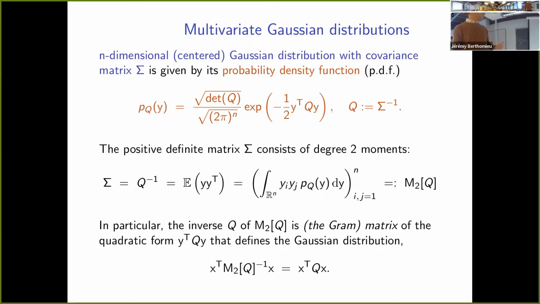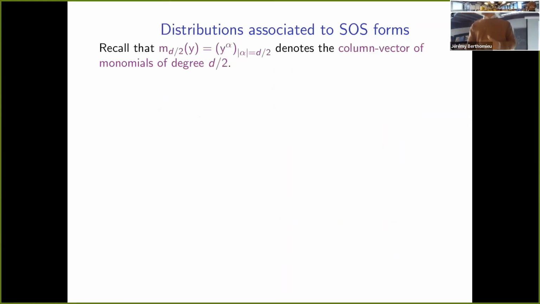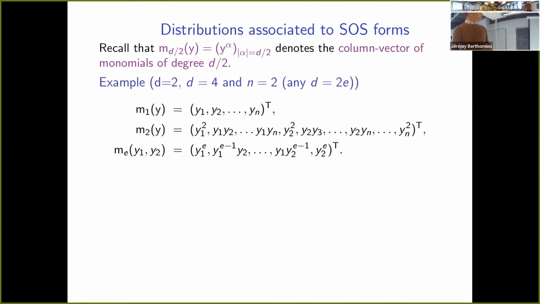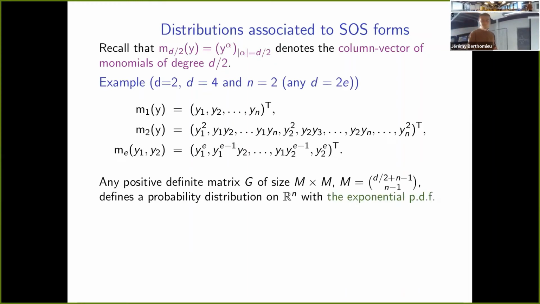So we want to mimic this property for high degree polynomials that are sums of squares. I think Jean Bernard already did that in 2012. Again, m_{d/2}(y) will denote the column vector of monomials of degree d/2.